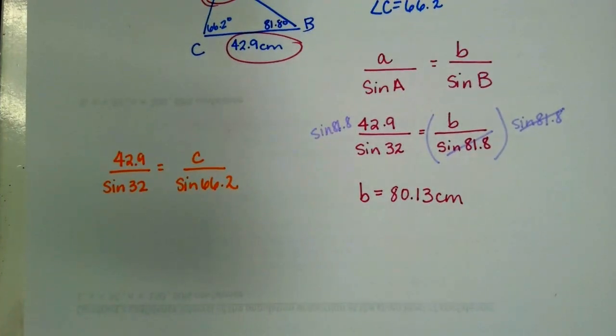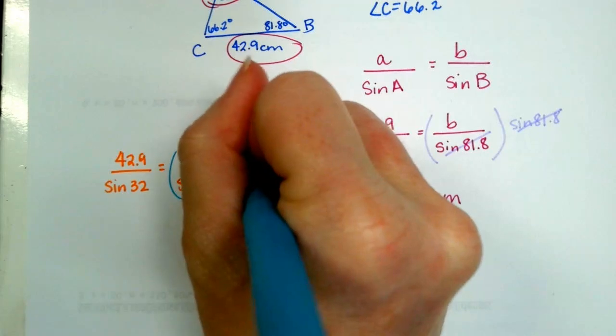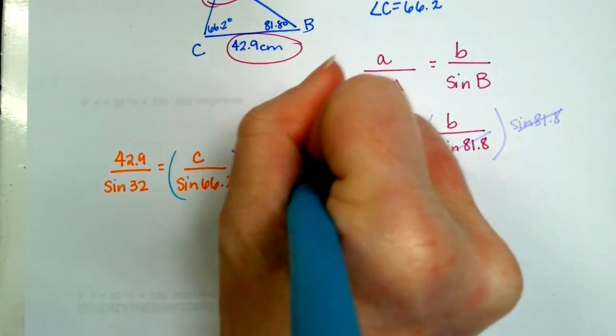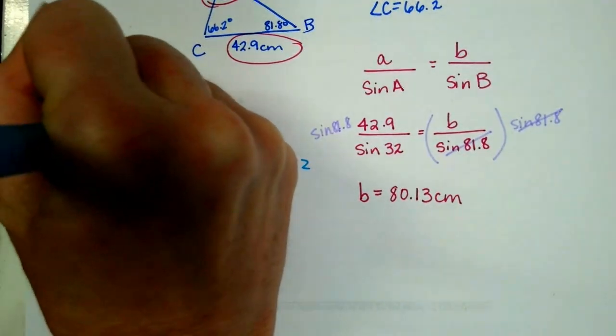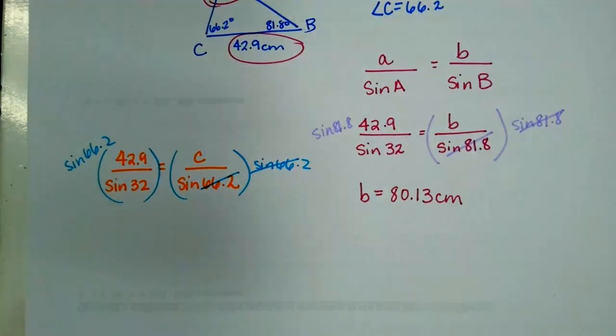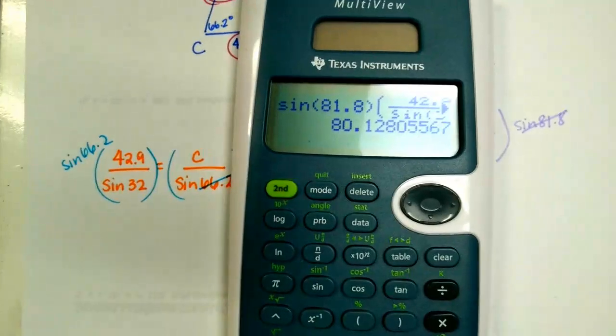So the process is exactly the same. I'm going to multiply both sides by sine 66.2. And I'm just going to put it in the calculator.